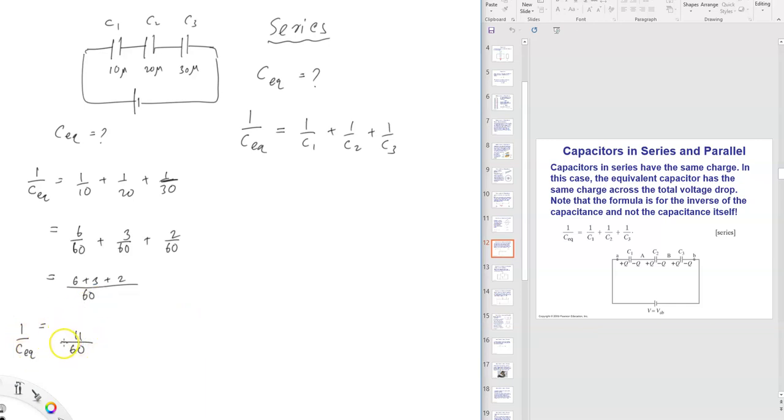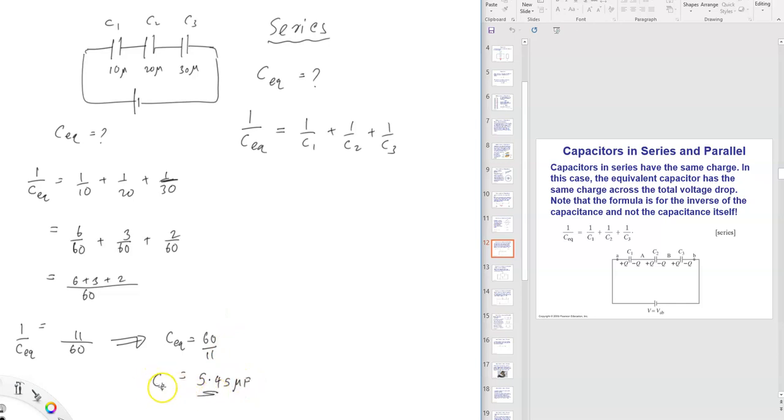Still not the answer, right? So what is CEQ? Because of that, CEQ, the equivalent capacitance, is 60 over 11. I think so. Let me try the calculator. 60 divided by 11 gives me 5.45 microfarads.